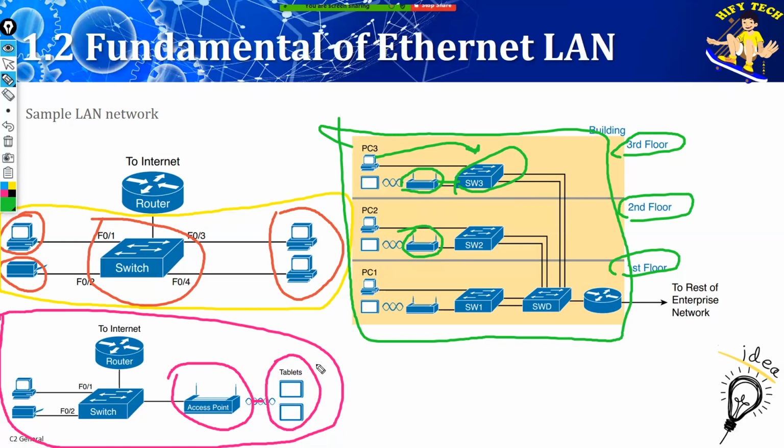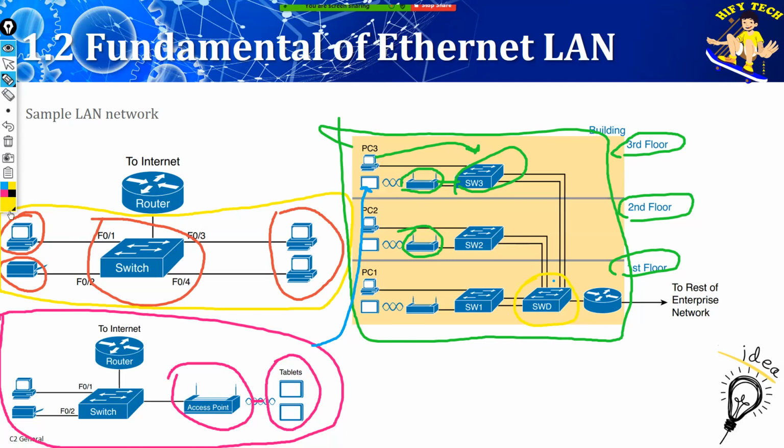So basically, this is a replica of the network on our left hand side. So in this design, we have a switch and an access point. So in buildings, we can use the same design on each and every floor. And then we have a distribution switch, which is this one. All the switches are connected to this main switch, which is connected to the router to be connected to the internet.